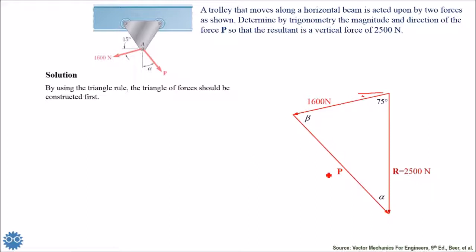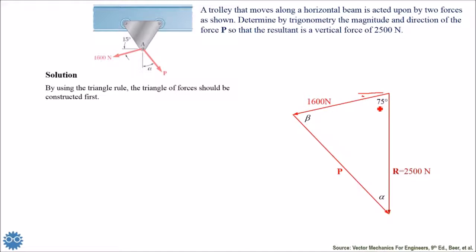Finally, we close the triangle by the unknown force with the angle alpha. We see here alpha is the angle between the force and the vertical line. So actually, we can start solving this problem. When we look at this problem, we first expect that we can use the law of sines. But the problem is that we have two unknown angles.